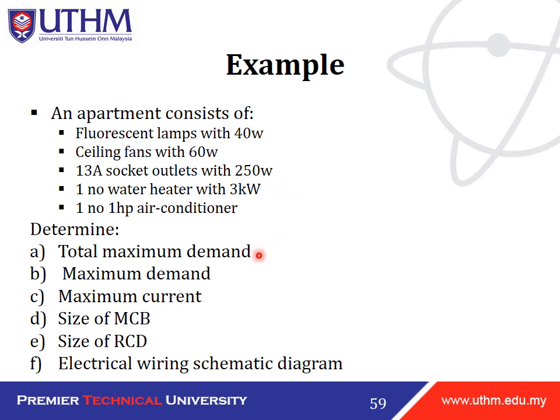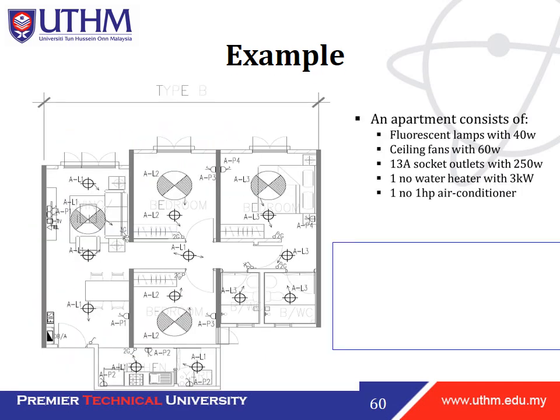And then we need to determine the total maximum demand, maximum current, size of MCB, size of RCD, and finally we need to draw the electrical wiring schematic diagram. Let's say we are given architect layout like this. So from this layout, we need to determine the number of fluorescent lamps, ceiling fans, socket outlets, and etc.